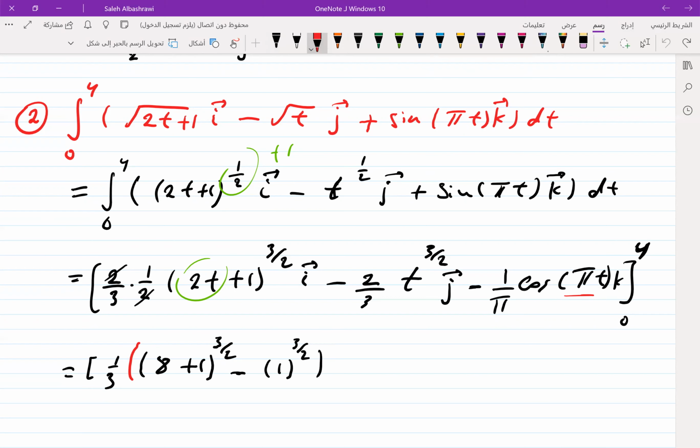So this is the first component, i. We substitute t by 4 first, then by 0.